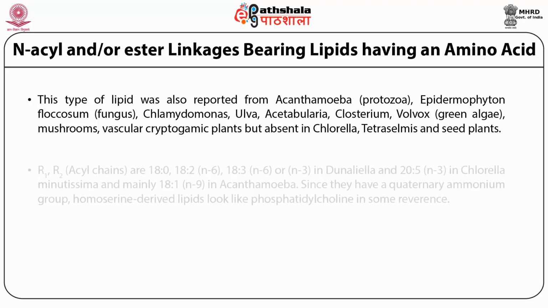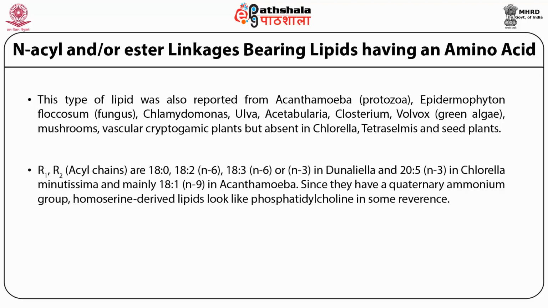The R1 R2 acyl chains are 18:0, 18:2 where n is equal to minus 6, 18:3, n is equal to minus 6 in Dunaliella, and 20:5, n-3 in Chlorella minutissima, and mainly 18:1, n-9 in Acanthamoeba.